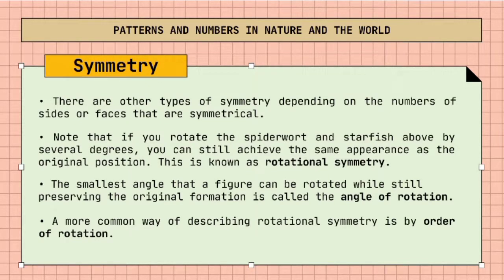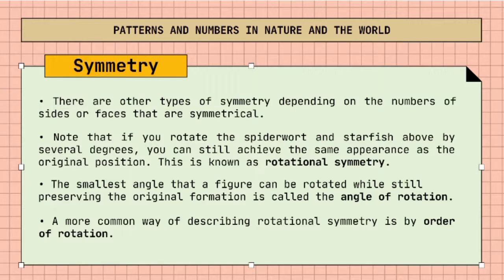Another type of pattern is symmetry. There are other types of symmetry depending on the number of sides or faces that are symmetrical. Note that if you rotate the spiderwort and starfish above by several degrees, you can still achieve the same appearance as the original position. This is known as rotational symmetry.